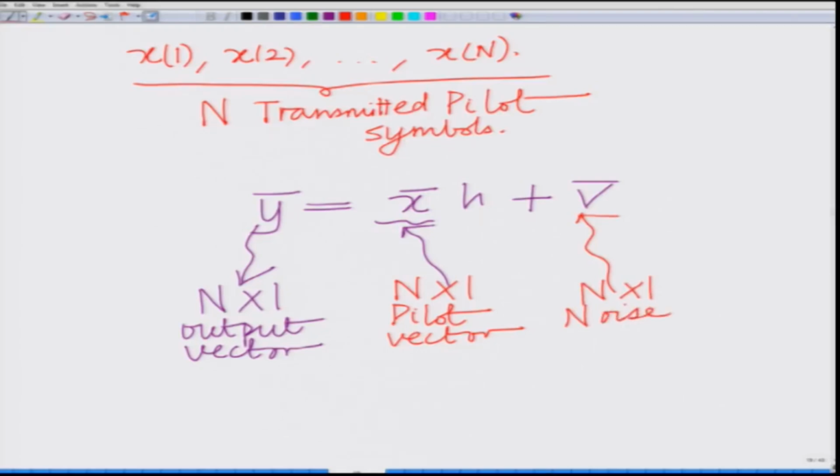This is also something that we have already seen before, that is you have y bar equals x bar times h, the channel coefficient h, plus v bar, where x bar is the n dimensional pilot vector.